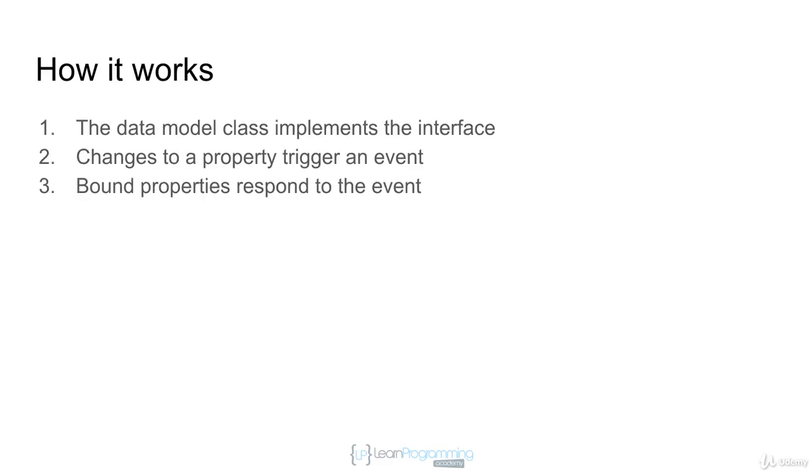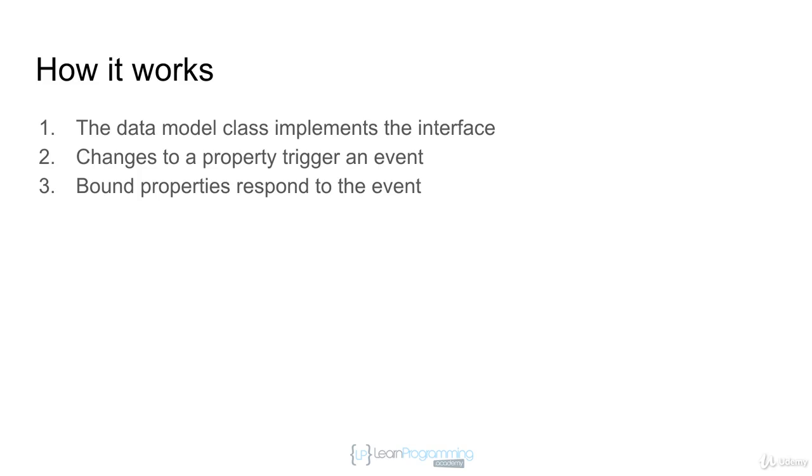But let's also talk about how this works. The first thing is that the data model class has to implement the INotifyPropertyChanged interface. This interface is going to add an event to the class. Remember that when you implement an interface, all of its members have to be in the class that is implementing that interface as well. So the class now has to have this event.